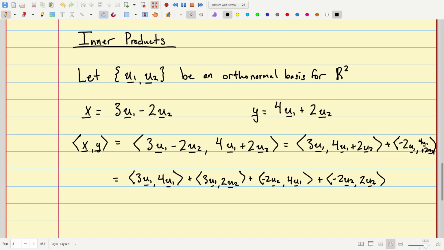Now, just as an aside, the multilinearity property also says that this has to be true, and this.